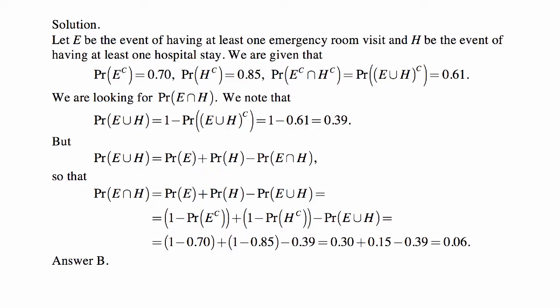And the probability of E is 1 minus the probability of E complement, and probability of H is 1 minus probability of H complement. So we plug that in, and we are given the probabilities of those two complements, and we found the probability of the union. So we plug that all in, end up having 0.30 plus 0.15 minus 0.39. That's 0.06. That's answer B.